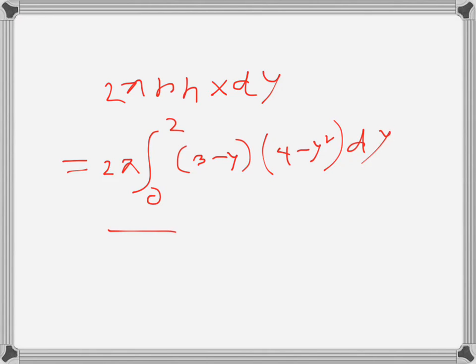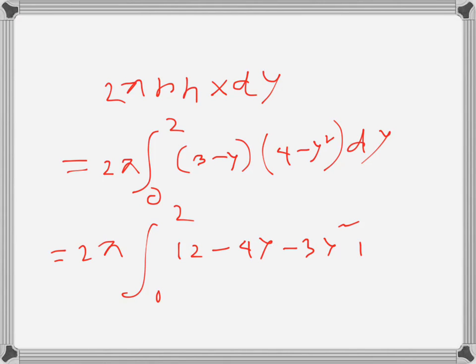Now we have to integrate this thing. So 2 pi integral, multiplying out, becomes 12 minus 4y minus 3y square plus y cube, dy here.